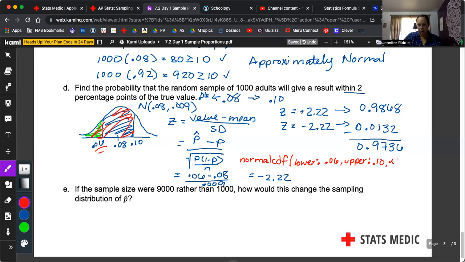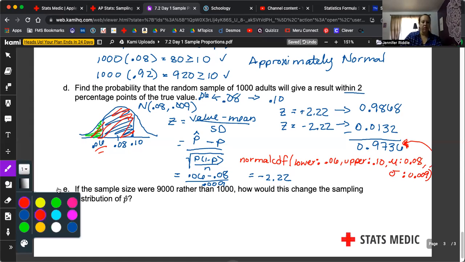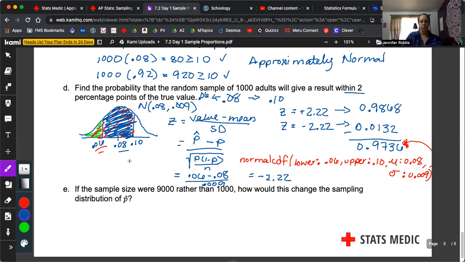Then my mean was 0.08, and I also have to include my standard deviation, which was 0.009. You'll find when you put it in the calculator that you get the same value here. So we've got a 0.9736 chance of getting a result within 2 percentage points of the true proportion.